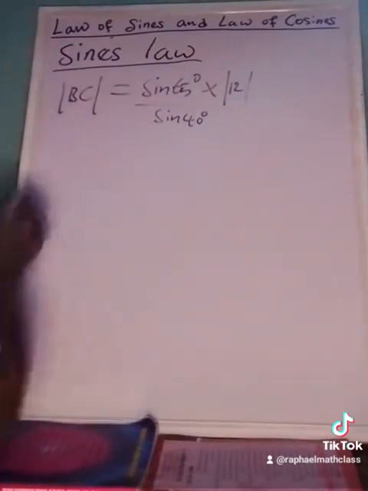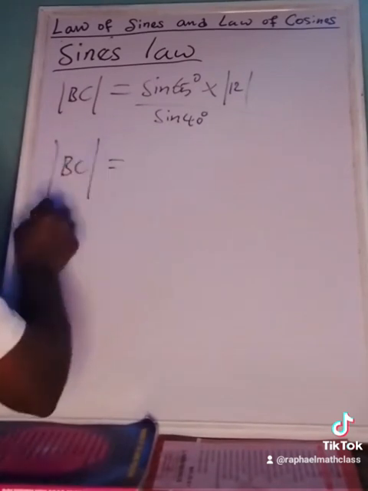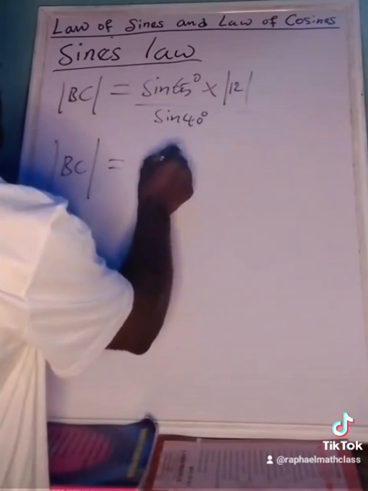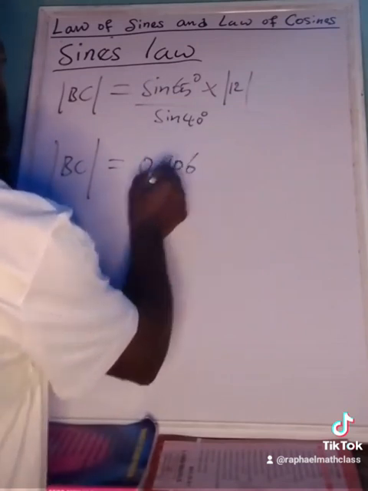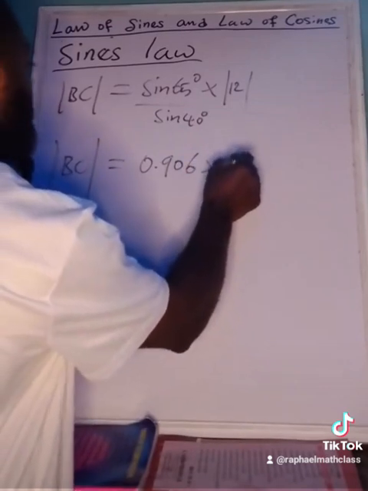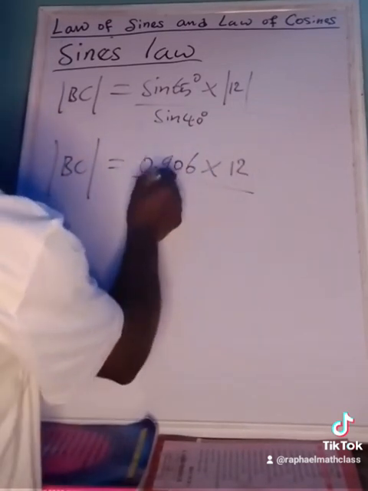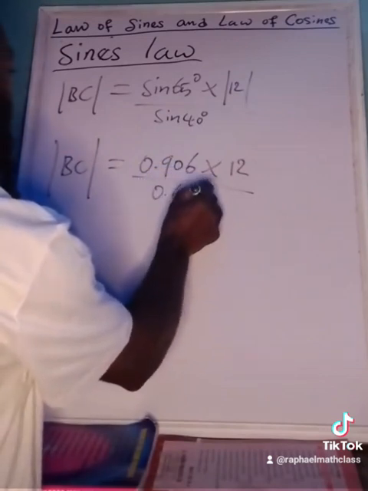Our side BC will be equal to sine 65, which is 0.906, multiplied by 12, divided by sine 40, which has been found to be 0.643. You understand?